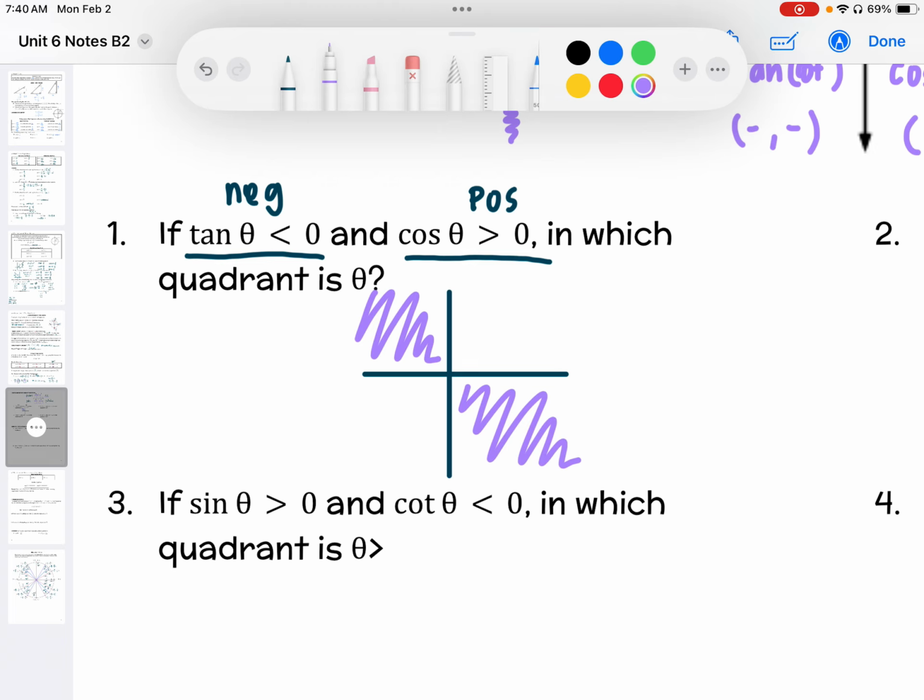Every trig function is going to be positive in 2 quadrants and negative in 2 quadrants. So if I think about cosine greater than 0, it's in quadrant 1 and quadrant 4. We're looking for where our two things overlap. Quadrant 4 is where we overlap, so that would be my answer.